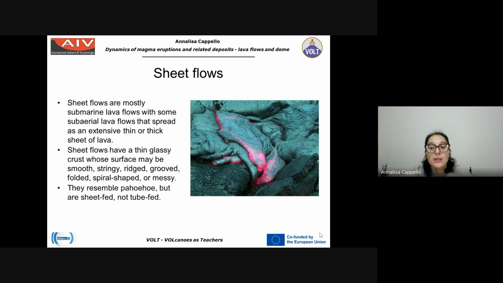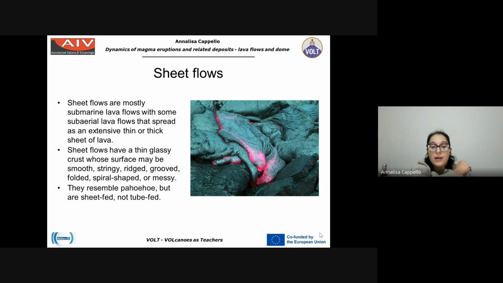Sheet flows. Sheet flows are eruptions with some subaerial lava flows, but also submarine lava flows that spread like a thin or thick sheet of lava.